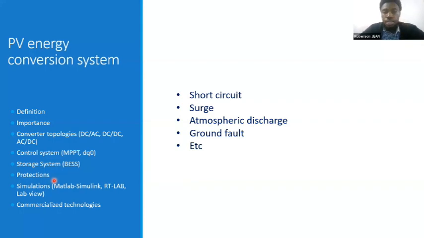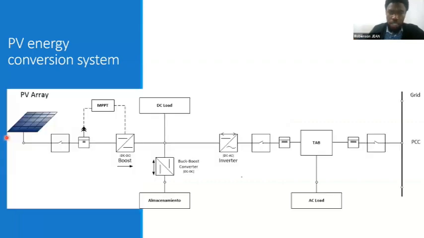The RTLab is provided to us by a Canadian enterprise, Opal-RT, and Opal-RT provides us the RTLab in order to make a real-time simulation in order to analyze the behavior of some system as if it was a real system with the clock time.